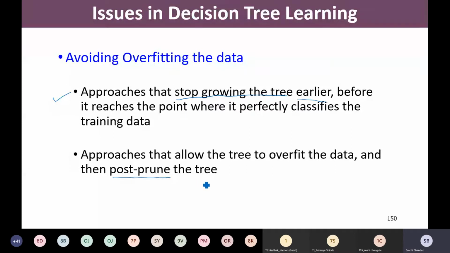So in the second approach, we allow the tree to overfit the data, and after getting the tree, we apply post-pruning to avoid the overfitting of the data. We are not going into the details of these approaches. I just want you to know what the issues in decision trees are and what the tentative techniques are to deal with those issues.